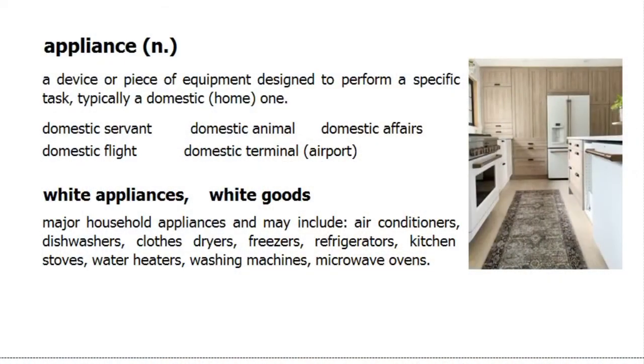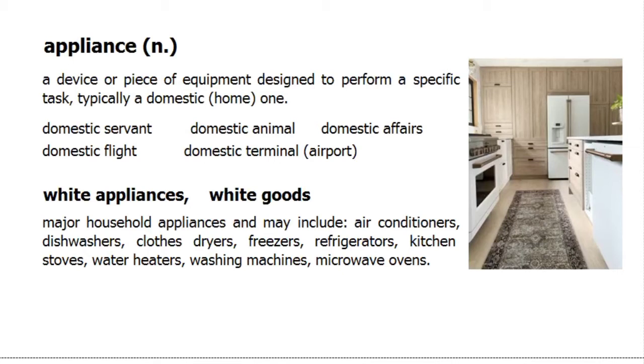The next step is we will have a look at some vocab from the main body of the speech that I have highlighted in the text. Appliance is a noun.